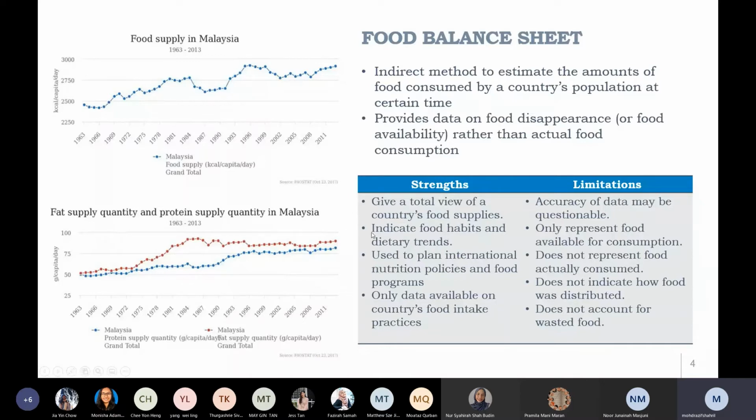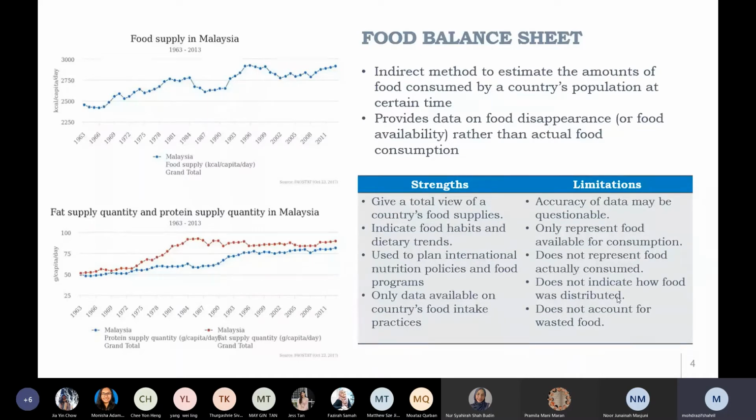So what are the strengths and limitations of the food balance sheet? The strength is it gives a total view of a country's food supplies, so we don't have to measure individually. We just look at the data and see the trend of intake of the population. The second strength is this method indicates food habits and dietary trends.